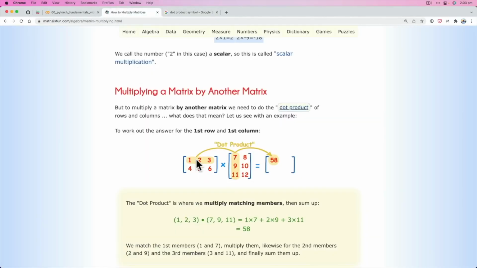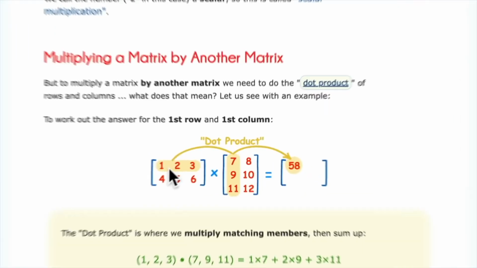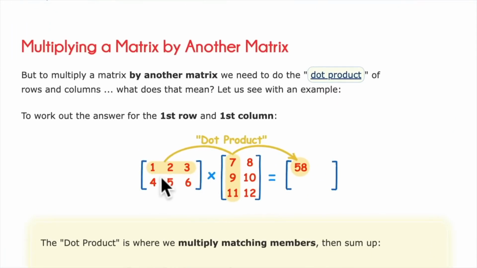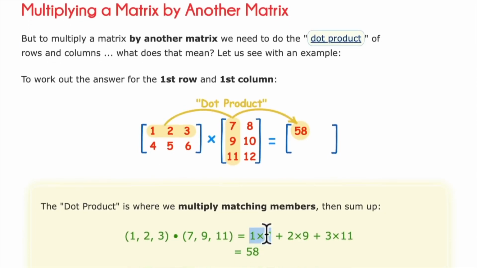But first, there's a little bit of a difference here. So how did we get from multiplying this matrix here of 1, 2, 3, 4, 5, 6 times 7, 8, 9, 10, 11, 12? How did we get 58 there? Well, this is the difference between element-wise and dot product, by the way. 1 times 7, we record that down there, so that's 7. And then 2 times 9, so this is first row, first column. 2 times 9 is 18.